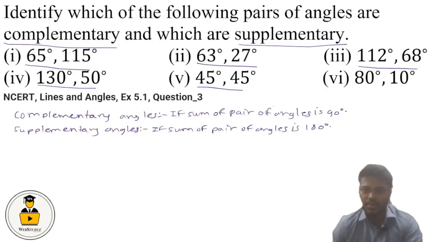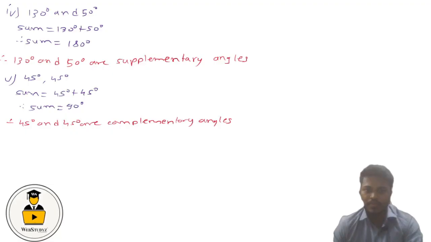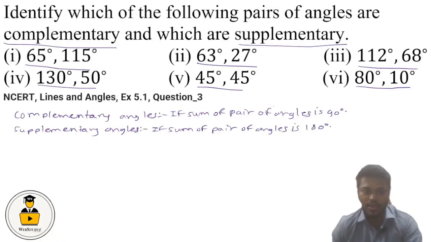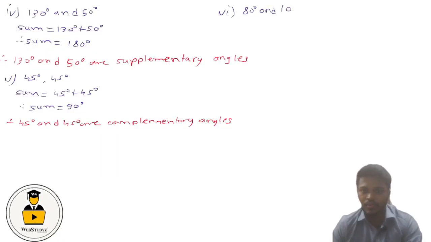Now let us consider the next pair. We have 80 and 10. Let us calculate the sum. So 80 degrees plus 10 degrees, the sum comes out to be 90 degrees.